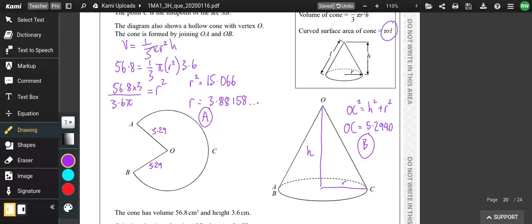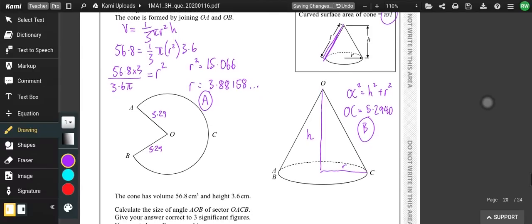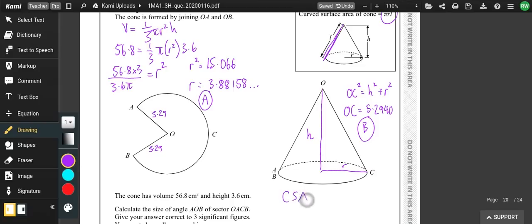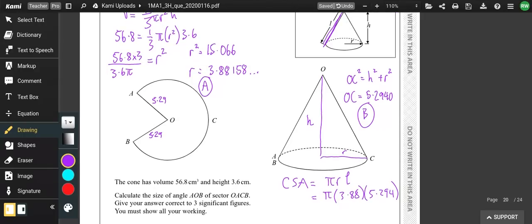We've just worked out OC, which is also the slant height here. So the curved surface area is pi times the radius times the slant height. So pi times the radius we worked out, 3.88, and then the slant height, OC, 5.294. So that's going to be our area.